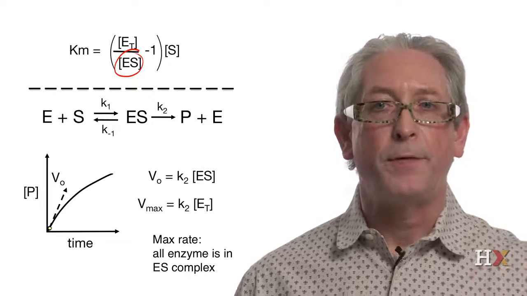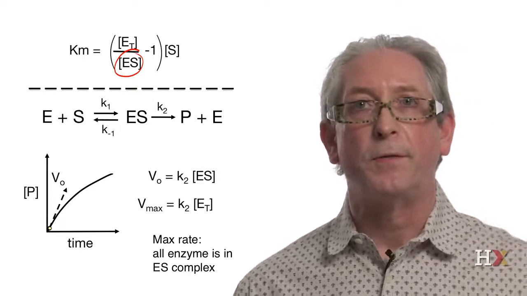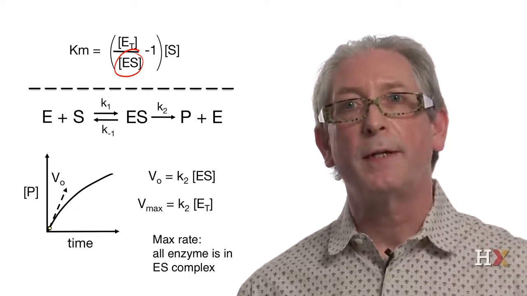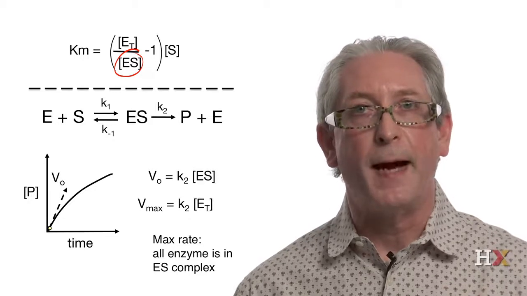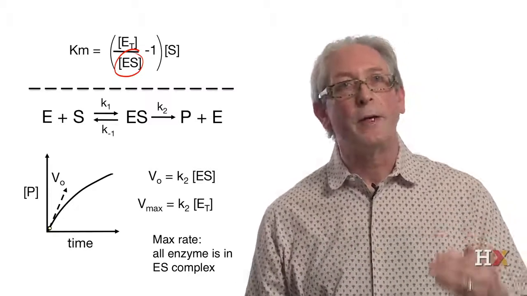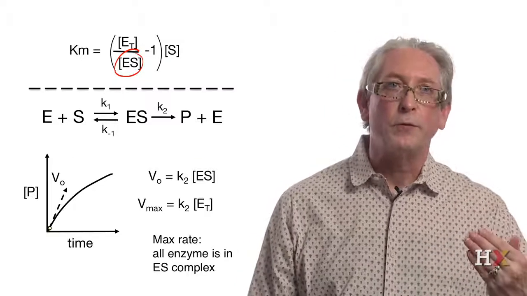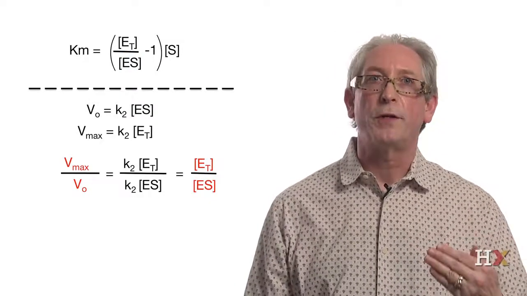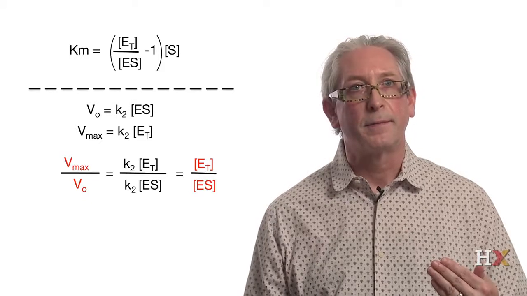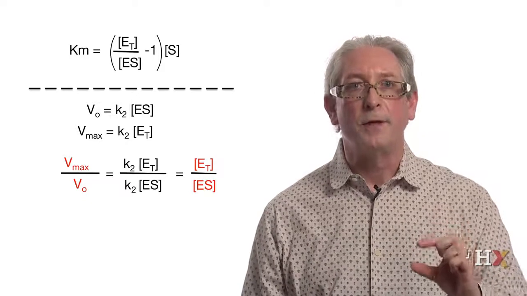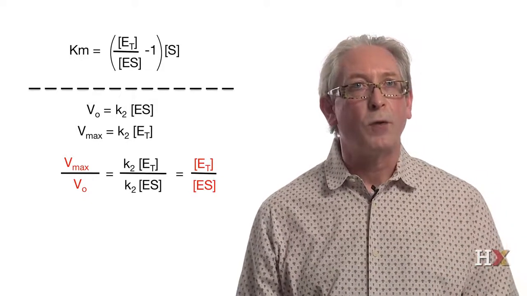Now we have an equation that gives us V0 and an equation that gives us Vmax. We can determine the ratio Vmax over V0, which is the total concentration of enzyme over the concentration of enzyme substrate complex. This ratio appears in our equation for Km.